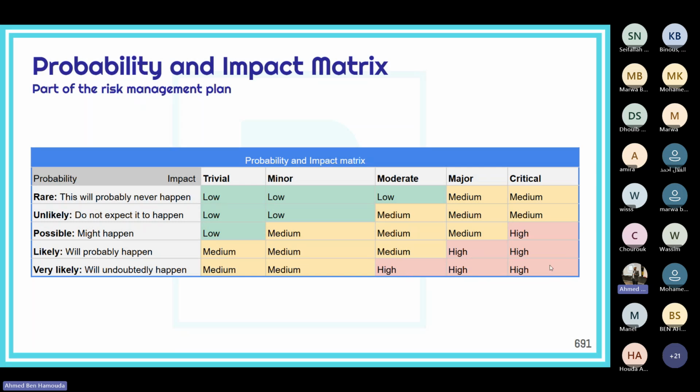You start with the highest ones, like the ones that are very likely to happen with a critical impact, and then the next ones and the next ones. And once you're done with them, you go ahead and check on your medium risks.